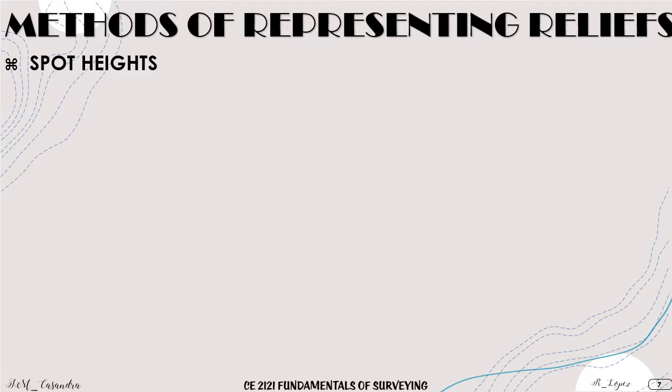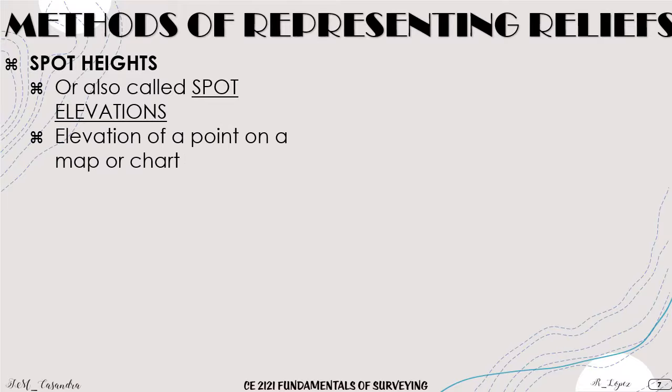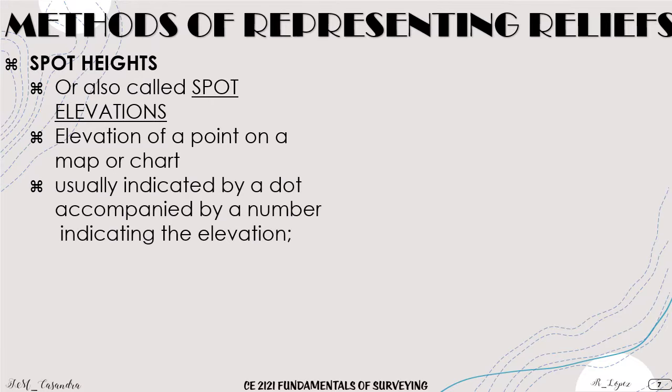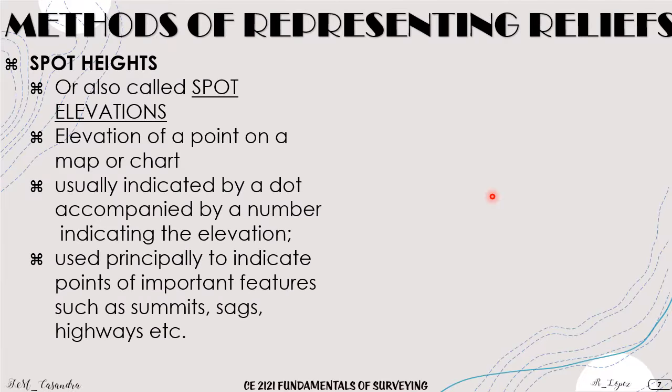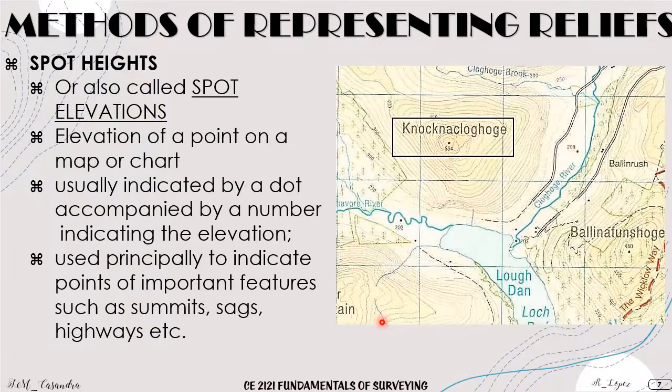So we have the spot heights, which are also called the spot elevations. So this is defined as the elevation of a point on a map or a chart. They are usually indicated by a dot accompanied by a number indicating the elevation. It is used principally to indicate points of important features such as summits, highways, and the like.